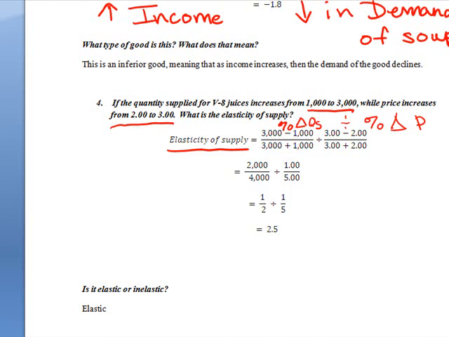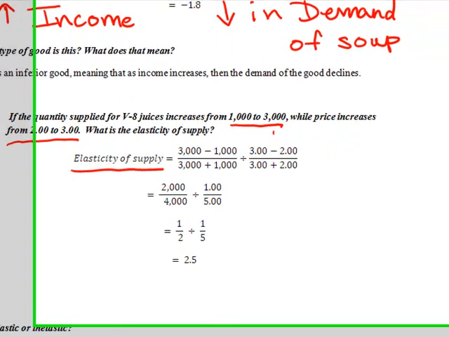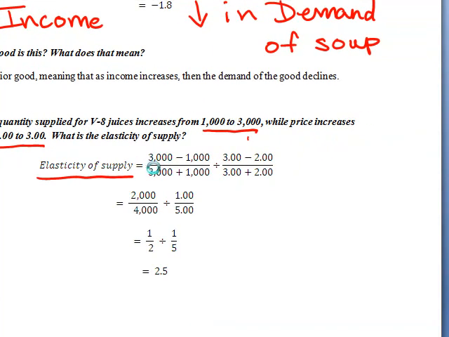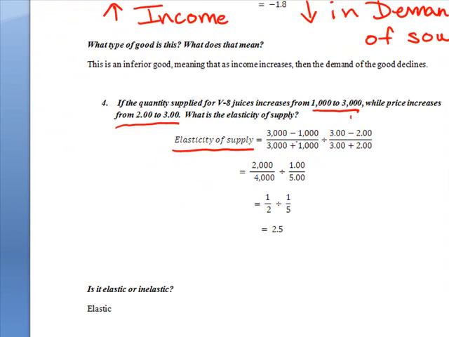So what I see is I have this positive relationship. Again, we should always see this positive because the law of supply tells us as price goes up, the quantity supplied will increase. I take the change in the supply, 3,000 minus the 1,000, compare it to my base point here, my summation, and divide it by the change in price.